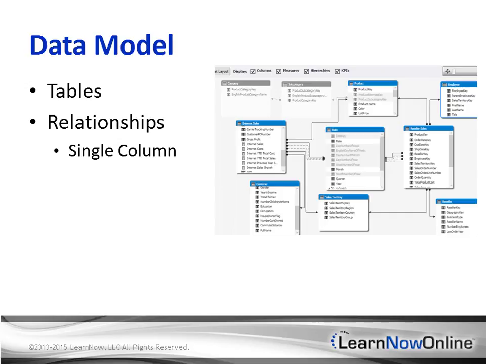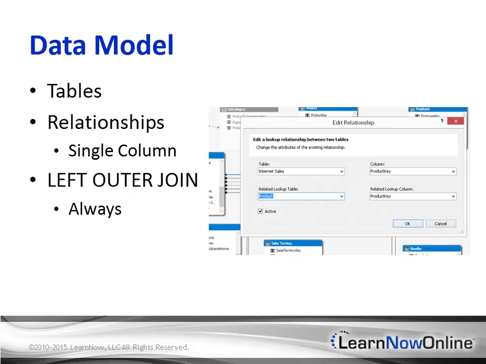And relationships. Relationships are best built into the model, but you can use DAX to create a relationship, though there's not many reasons to not have the relationship built in the model. The join between any two tables in a tabular model is always a left outer join. It will always grab everything from the one side and also do some sort of aggregation for the many side.